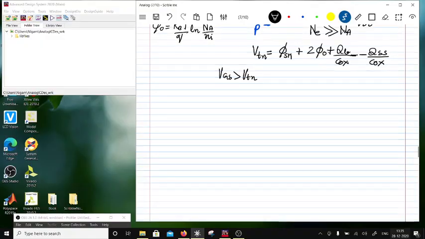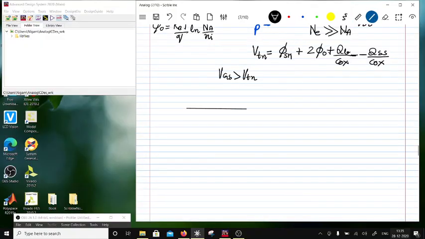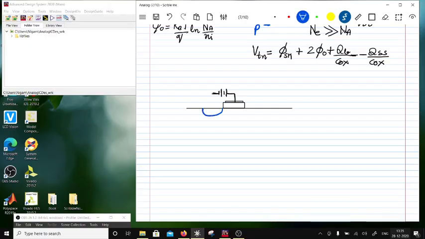Okay, so let us draw again what happens when I have a channel and applied VDS. You have a gate, and then you have a conductive poly gate, and this is what the gate is. Now I am going to apply a potential, VGS with respect to source, and the source is like this.